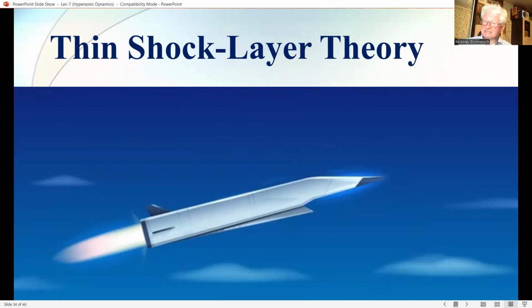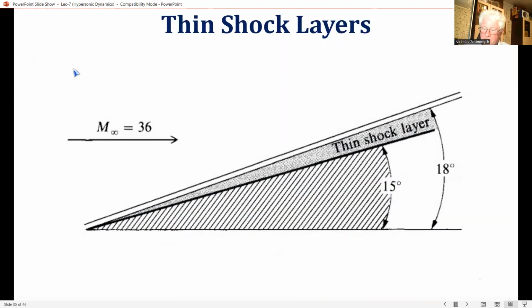We have already discussed that shock layers over hypersonic bodies are thin. As you remember from this picture, in the limit as M goes to infinity and gamma goes to 1, we have shown that beta goes to theta.